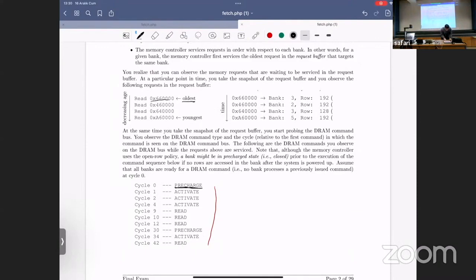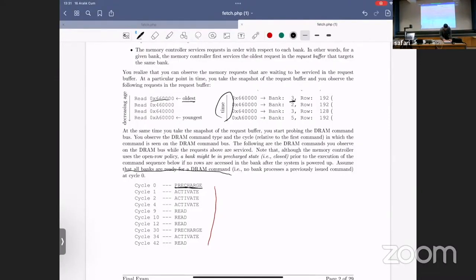At the beginning of this timeline, assume that all banks are ready for a DRAM command. So the memory controller must execute a command to serve the first request, and it executes a precharge command, which means bank 3, in the beginning, had a row open.